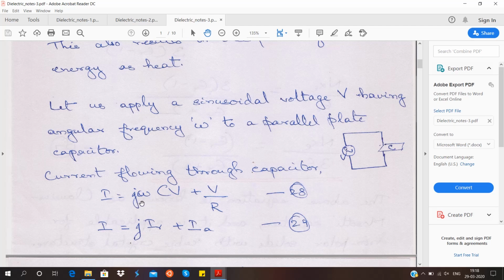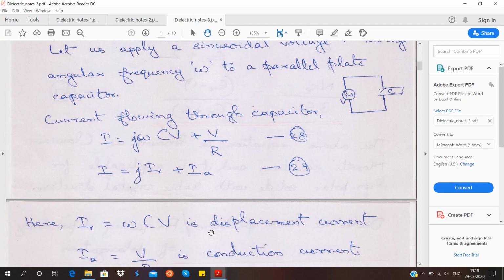One is j omega CV, where j represents the imaginary part, omega is the angular frequency, C the capacitance, V the applied voltage. And V by R is the current flowing through a resistance. Or I can write it another way: instead of j omega CV, I write IR, and instead of V by R, I write IA. So let's see what they are.